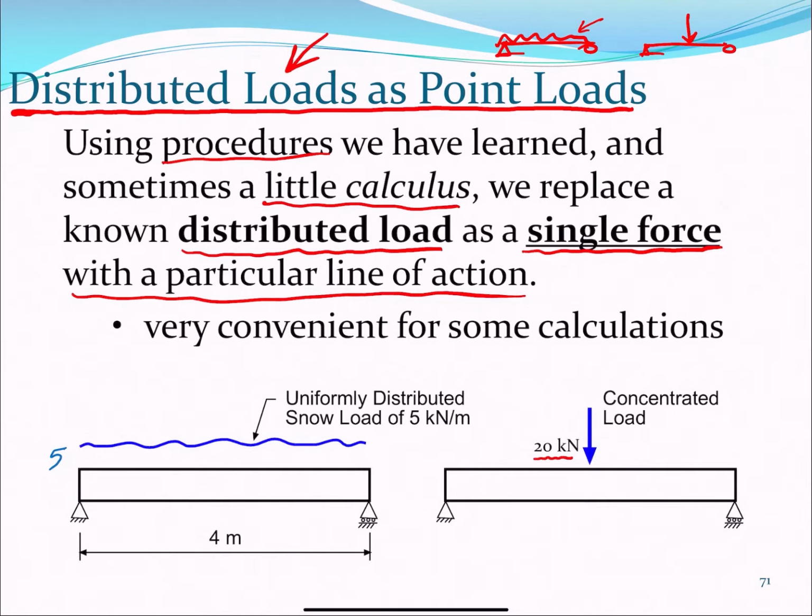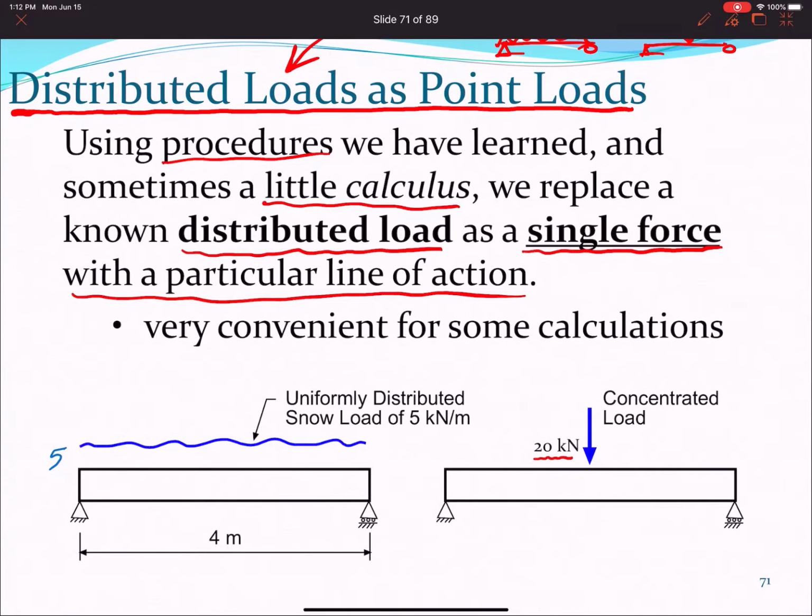For example, take a look. It says that this is snow. For snow, I am going to use blue, a nice blue color. This is snow acting on my beam, and it says that it's 5 kilonewtons per meter. So every meter of this beam, and I have 4, I am going to have 5 kilonewtons.